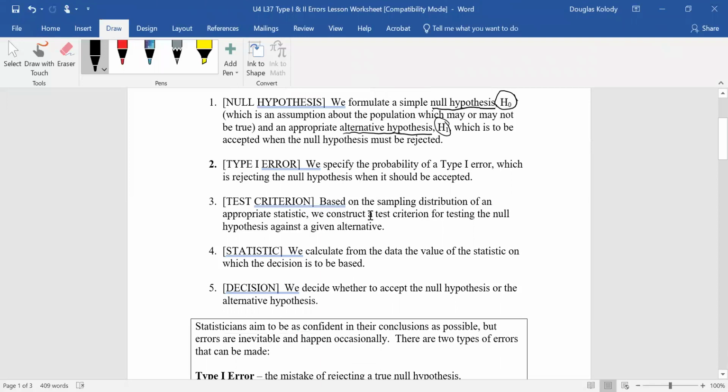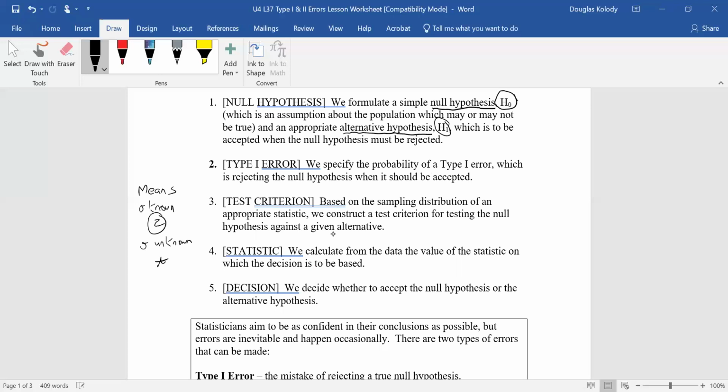So step number 3. Based on the sampling distribution of an appropriate statistic, we construct a test criterion for the null hypothesis. This sounds all very difficult. You know what it really means? If you're testing means, and you know what sigma is, what's the test criterion? It's Z. What if sigma's unknown?